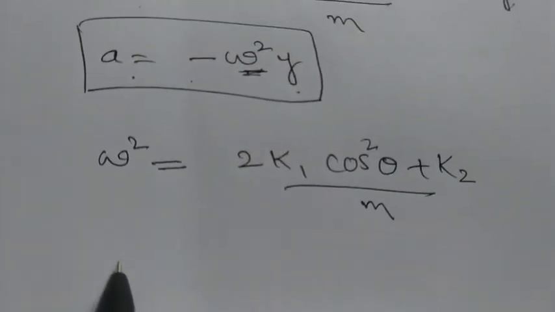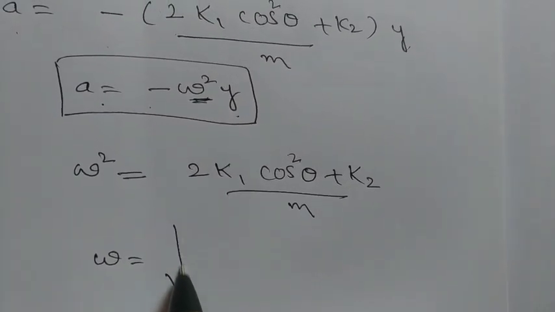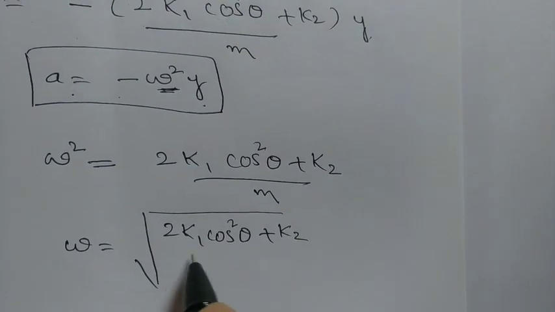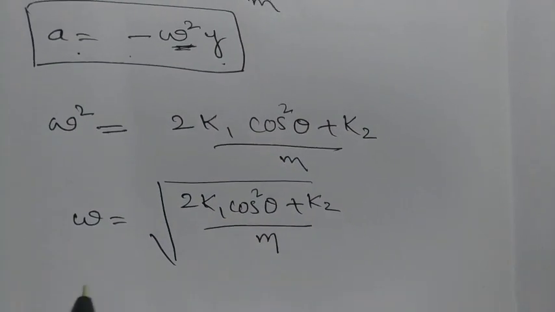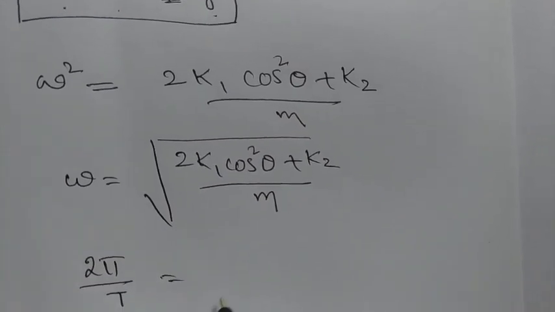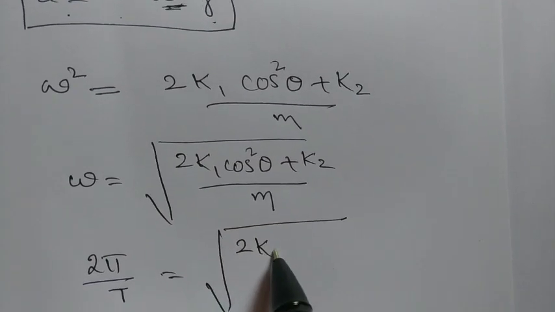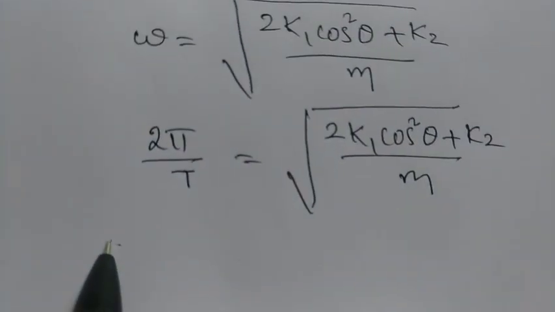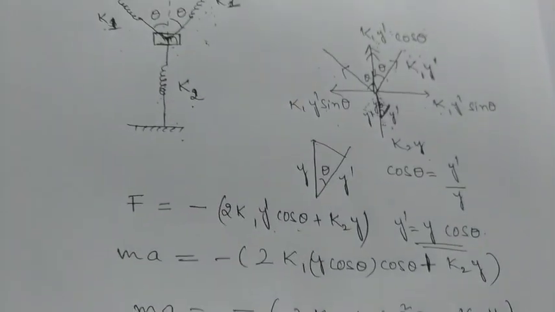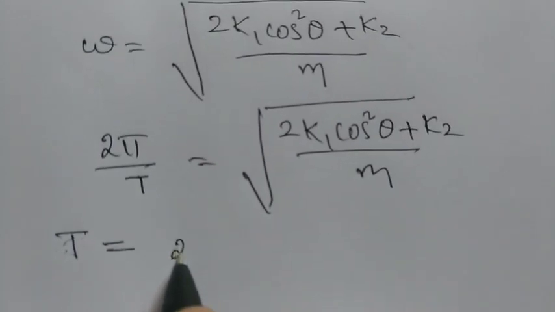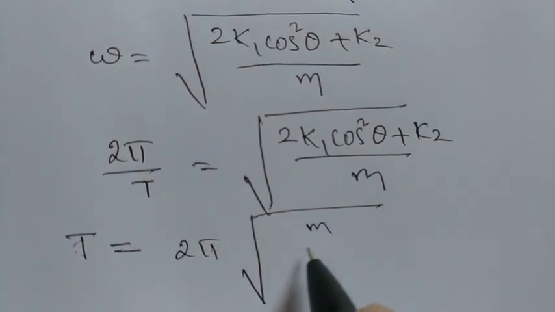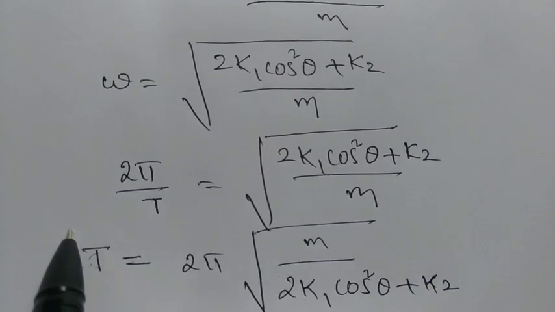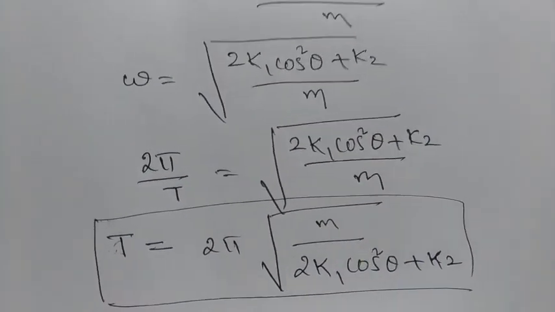Now I am writing omega. Omega is equal to root over 2 K1 cos square theta plus K2 by M, but omega is 2 pi by T, so 2 pi by T equals root over 2 K1 cos square theta plus K2 by M. So the time period of the given system can be written as T equal to 2 pi root over M by 2 K1 cos square theta plus K2, the resultant time period of the given system.